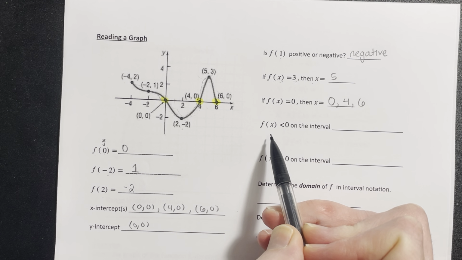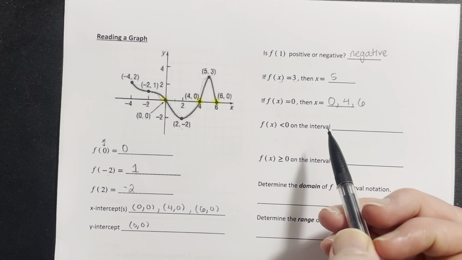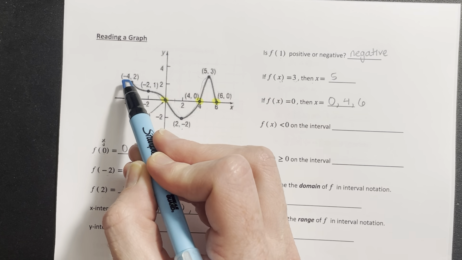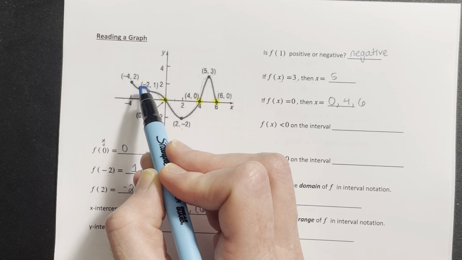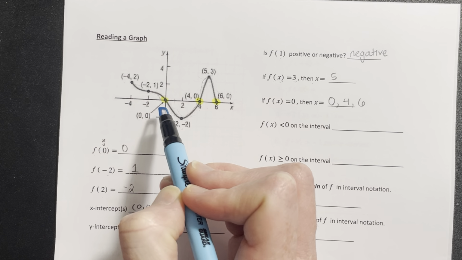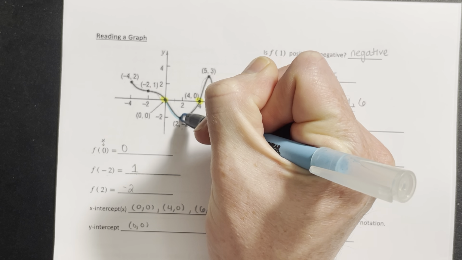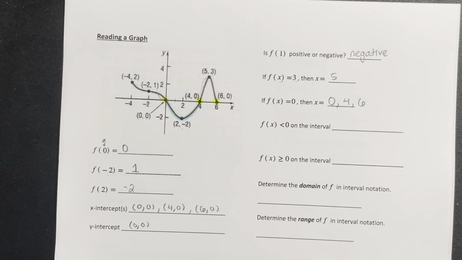In this next question, it says f of x is less than 0 on the interval blank. So we're wondering, when is the function less than 0? When are the outputs of this function less than 0? Well, the output started positive here at positive 2, then went down to 1, eventually went down to 0, and we have a negative section between 0 and 4.